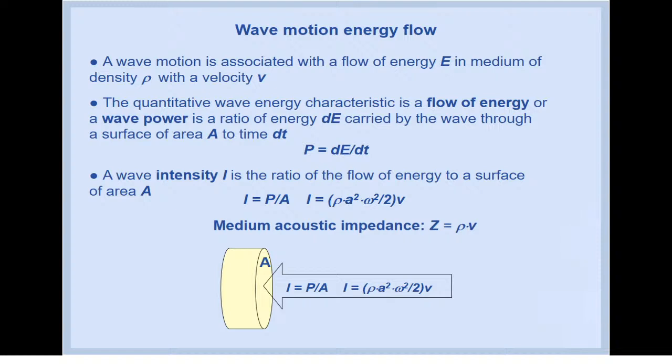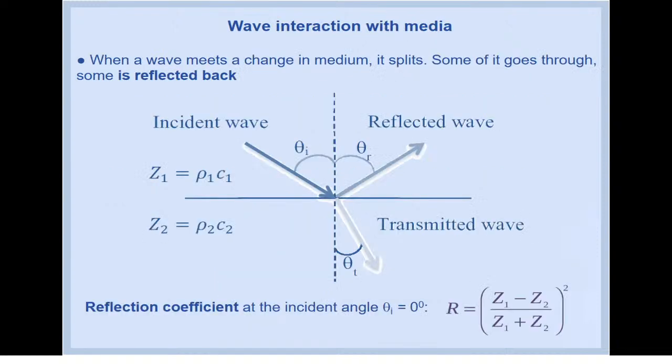The liquids are of acoustic impedance. It is the product of the density of the medium and velocity of mechanical wave into this medium. This is an important quantity in determining how much sound is transmitted from one medium to another. When a wave meets a change in medium acoustic impedance, it splits.